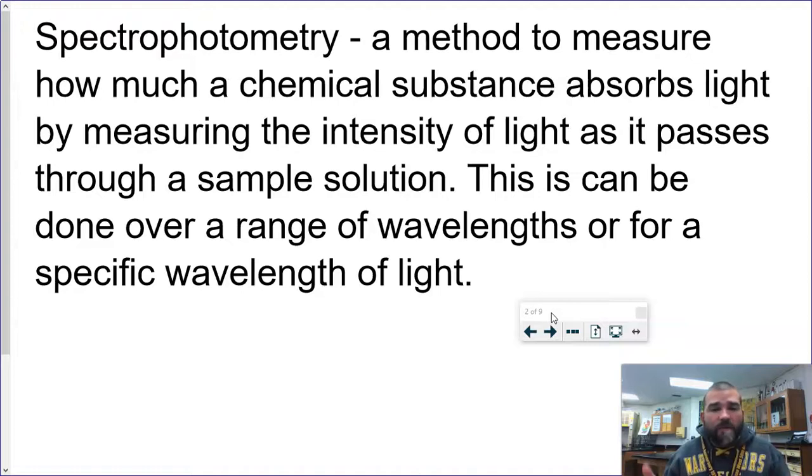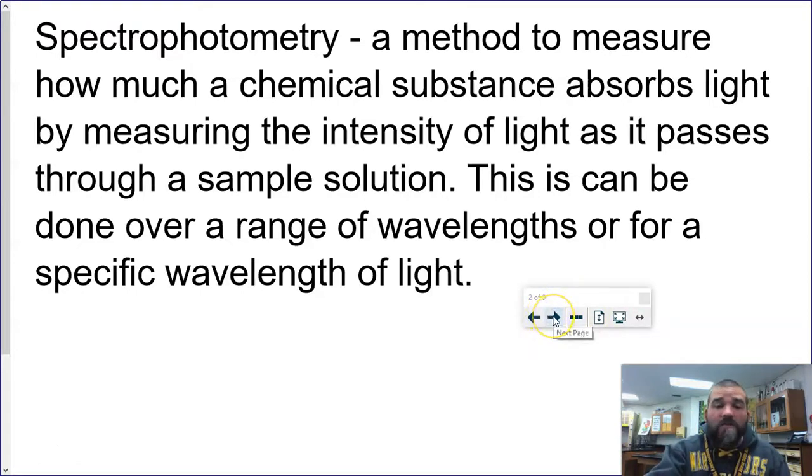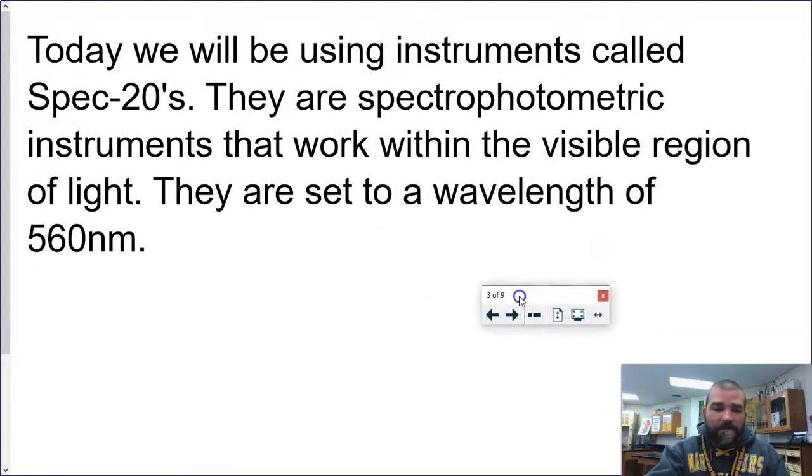Once we gather the profile of the known molarities of blue dye, we'll then use our Gatorade sample and test that for absorbance as well to see what it reads. Then we can use our data to analyze the unknown and hopefully solve for the molarity or concentration of blue dye in Gatorade. So today we're using an instrument called a Spec 20.